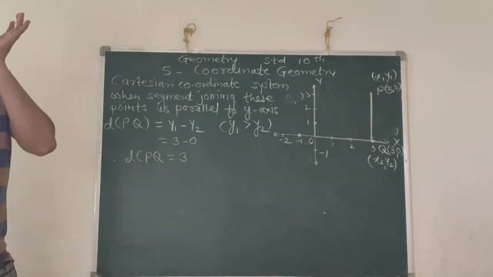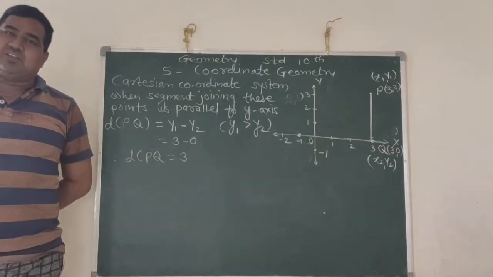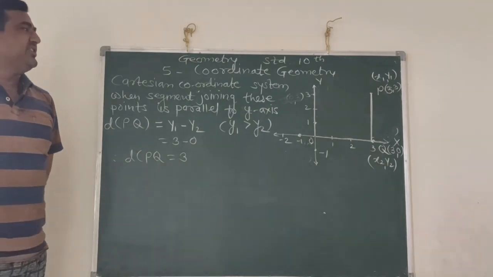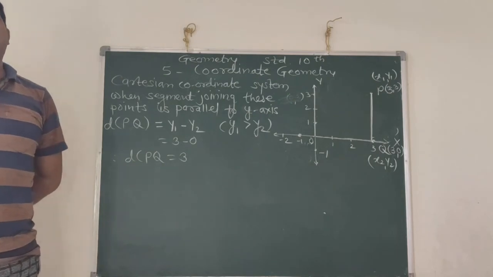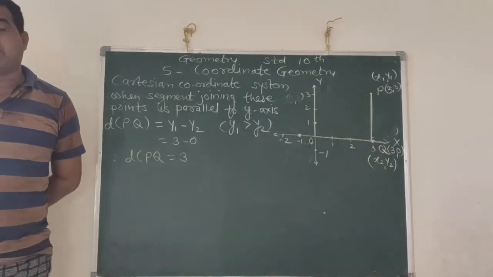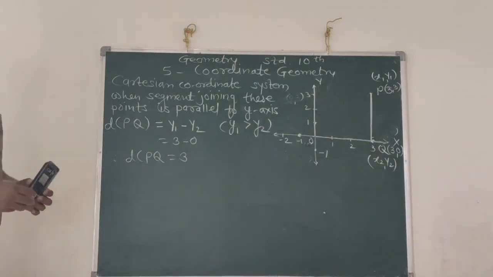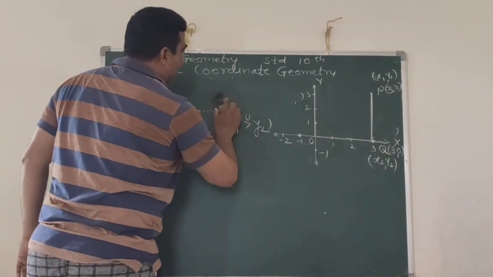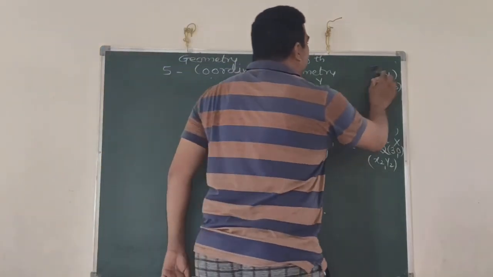When the segment joining the points is parallel to the x-axis, again the same formula, x2 minus x1, where x2 is greater than x1. And when the segment joining the points is parallel to the y-axis, then the formula is y2 minus y1, provided y2 is greater than y1. So in this way, you have studied how to find the distance between any two points. Now we proceed further. Whatever cases we have considered, now let's consider another.